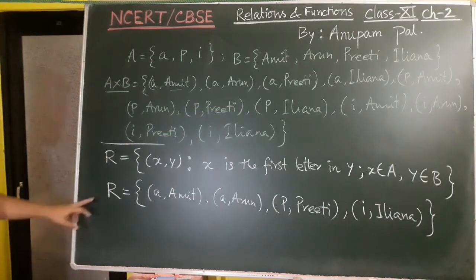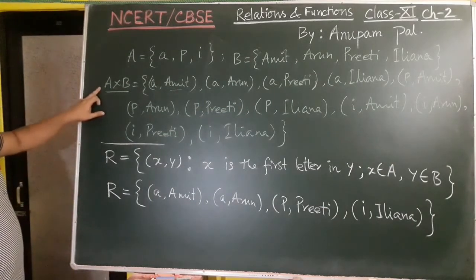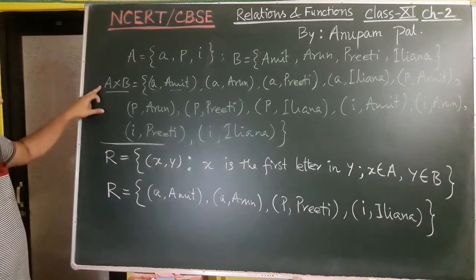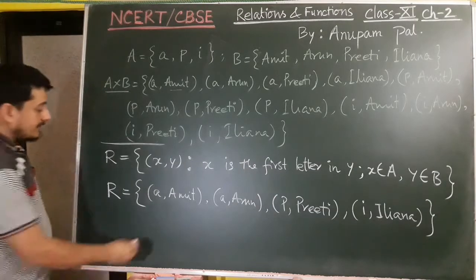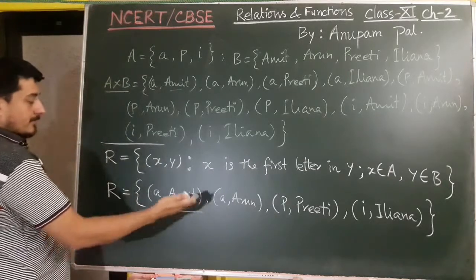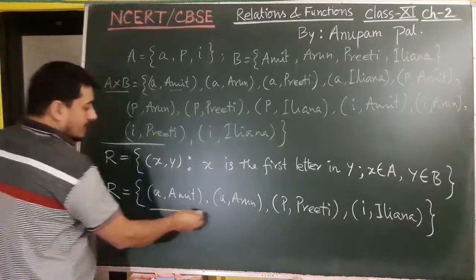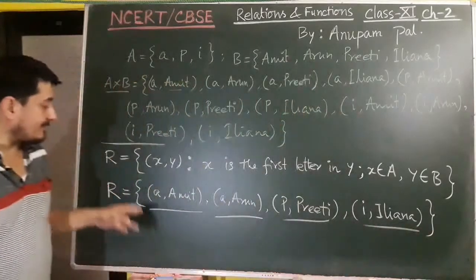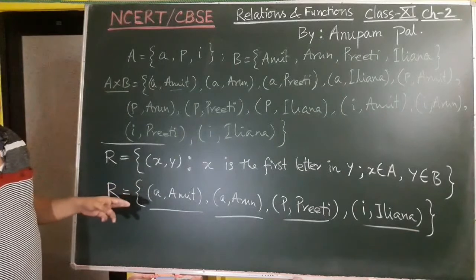Now I told you this R is basically derived from this A cross B. Please understand this one. You see this R, how many ordered pairs does it have? It has 1, 2, 3, 4. It has 4 ordered pairs.